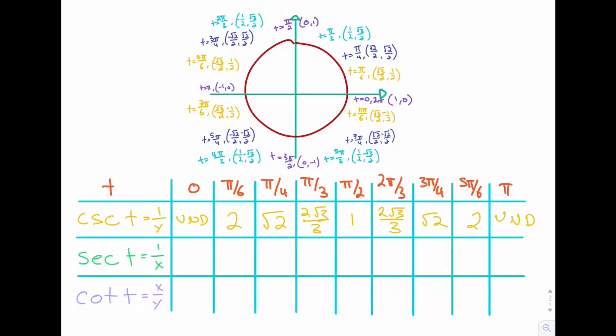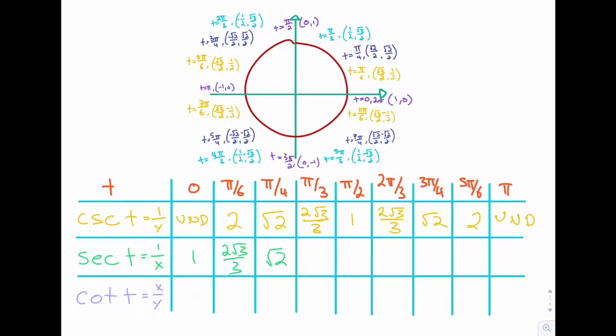Moving on to secant, we start at 1 over 1 for secant of 0, so that's a good place to begin. Then moving over to pi over 6, we get a little bit bigger, so we hit 2 root 3 over 3. Remember, that's the simplification of 1 over root 3 over 2. Then we'll get to root 2.